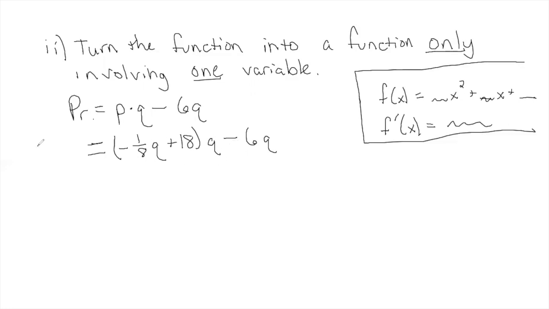So to be more suggestive, I'll write PR of Q. This notation tells me that the independent variable is Q. This is the thing that I'm going to take a derivative with respect to, right? So just simplifying, I'm going to get negative 1/8 Q squared plus 18Q.